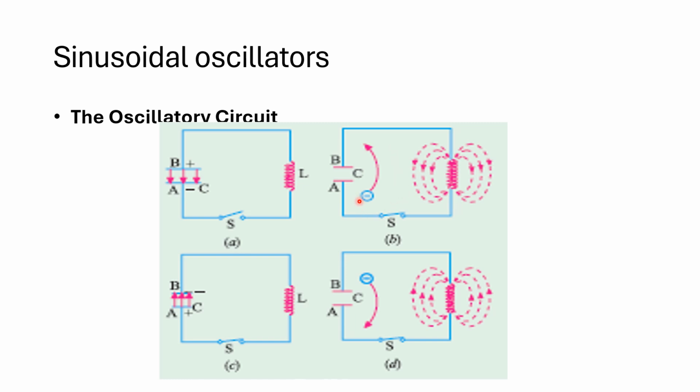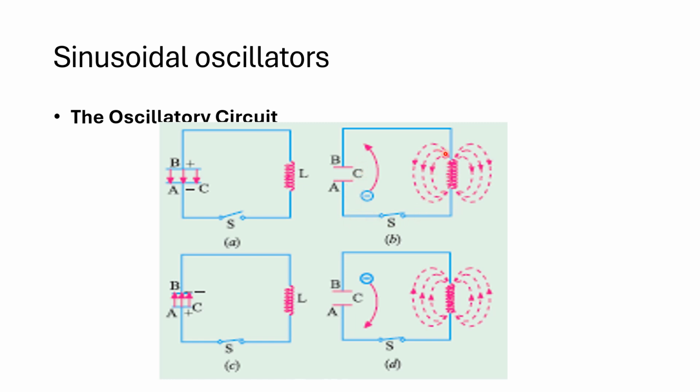The conventional current flow is from plate B to plate A, in this direction, but the electrons move from plate A to plate B. Because of that movement, this reduces the strength of the electric field and hence the amount of energy stored in the capacitor, as the electronic current starts flowing.